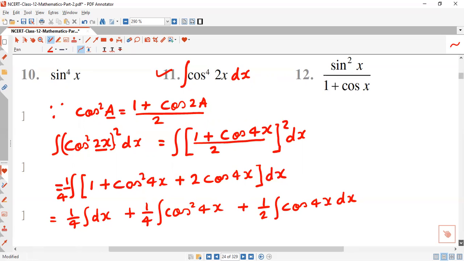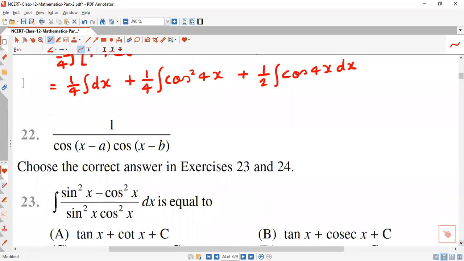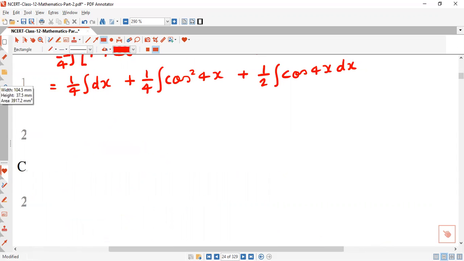Now, again, we have to simplify the second term, because the square terms are there. To simplify this term, again we use the formula cos square a equal to 1 plus cos 2a by 2.